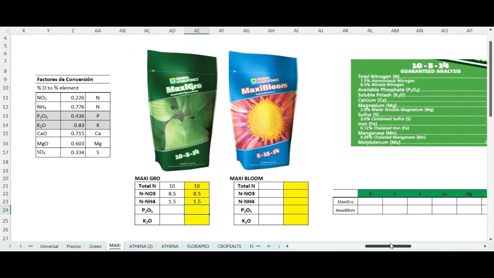What we do is we multiply 5, the real value is 5, and the result will be 5 times 0.436, and then you get 2.18. And for the potassium, for the potash, it's 14. Then you multiply this value of 14 times the conversion factor, which is 0.83, and this is the result.